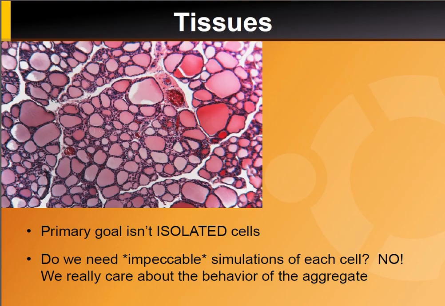I suspect the answer is probably no, if what we really care about is their behavior in the aggregate. Unless there is a systematic error in each virtual cell simulation, I think it's conceivable that some inaccuracy in individual cells could possibly become less important when we look at the aggregate behavior.